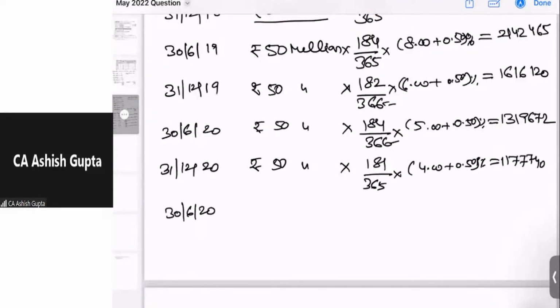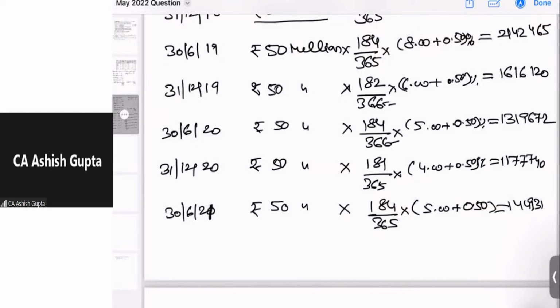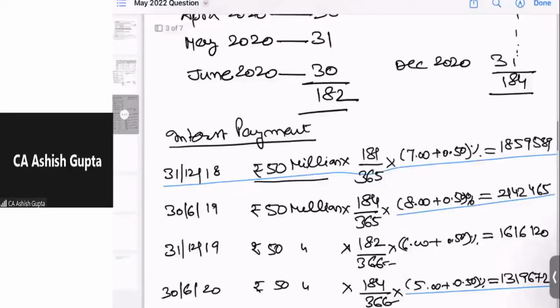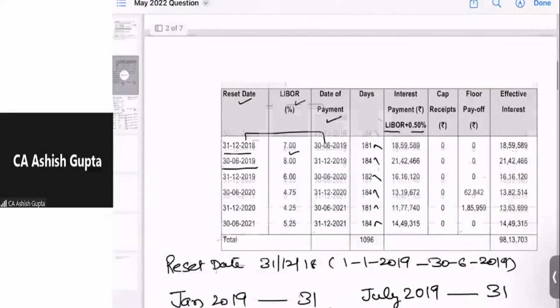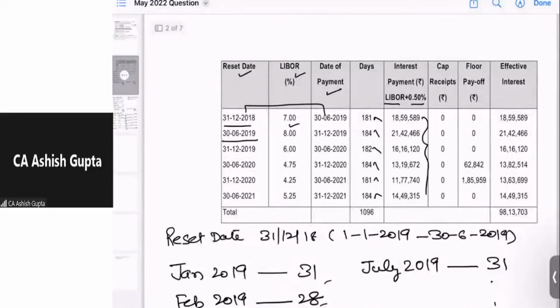Last payment is 30th. Okay, student. Now we have completed this part of the table.